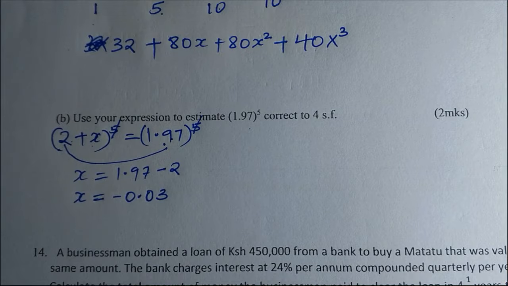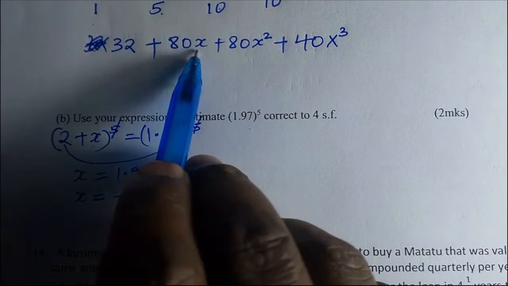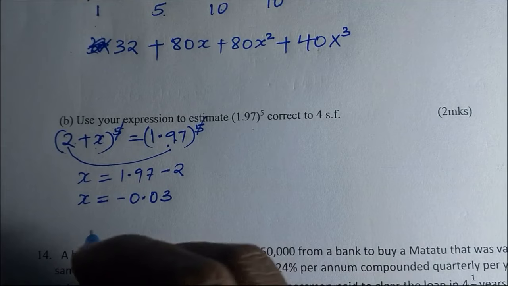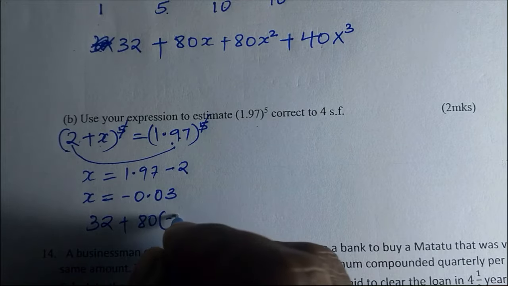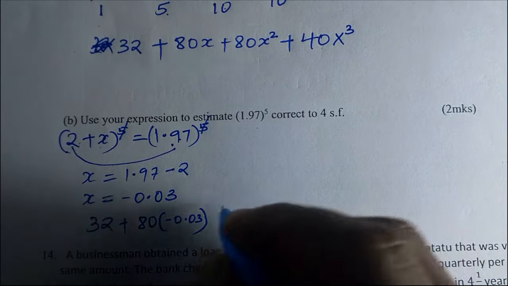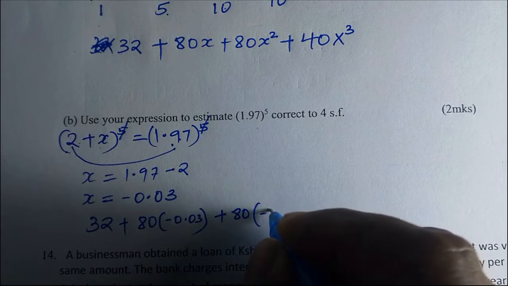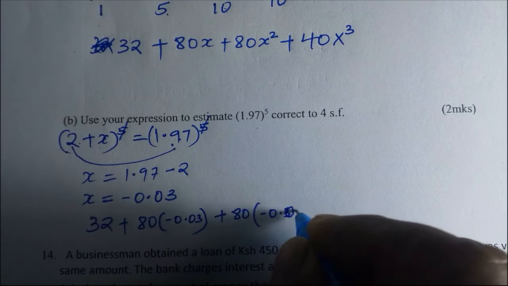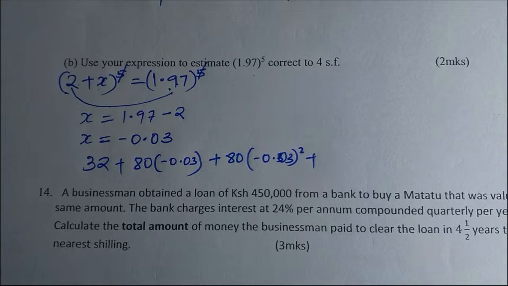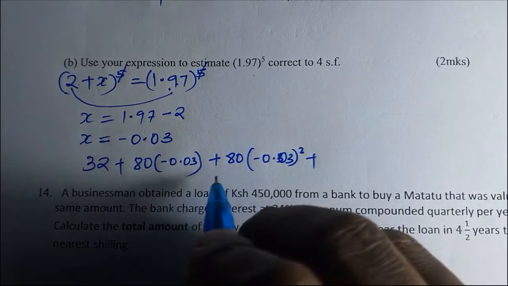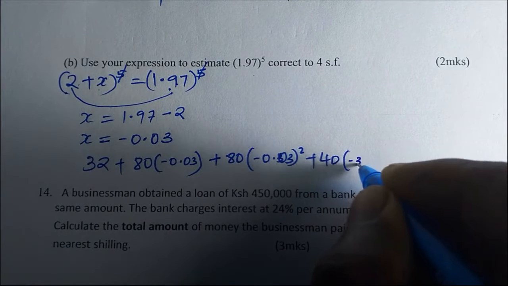Now bring our expansion and substitute where you see x with this one. So we will have 32 plus 80 into negative 0.03 plus 80, open bracket, negative 0.03 squared plus 40 into negative 0.03 cubed.